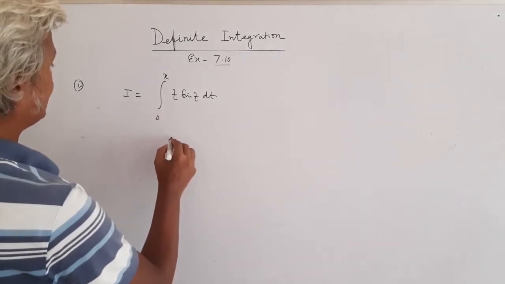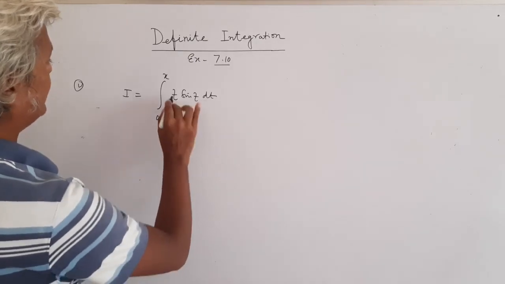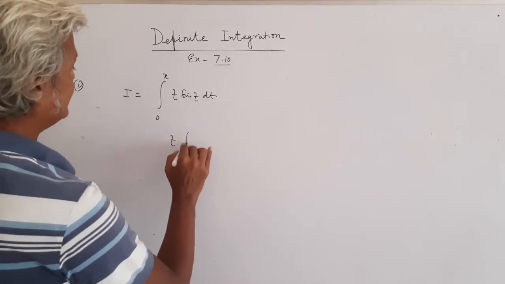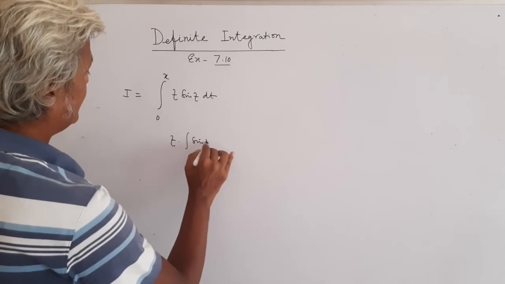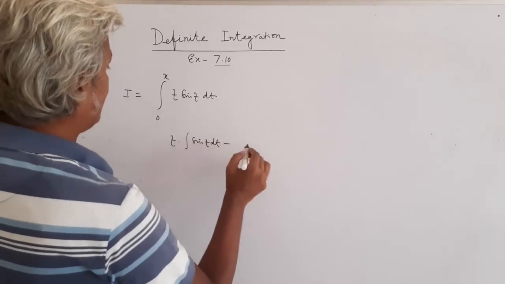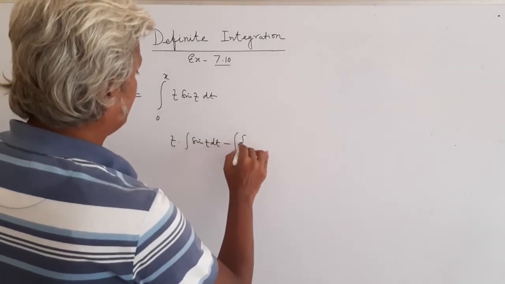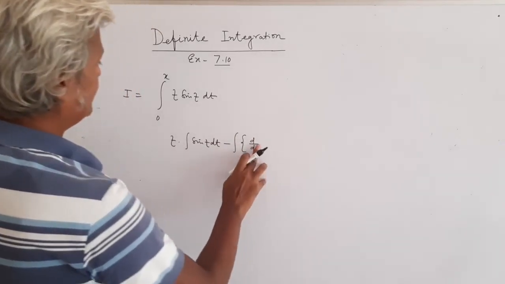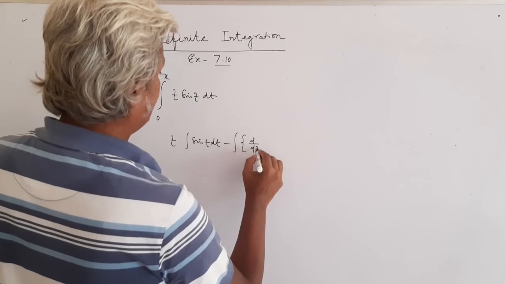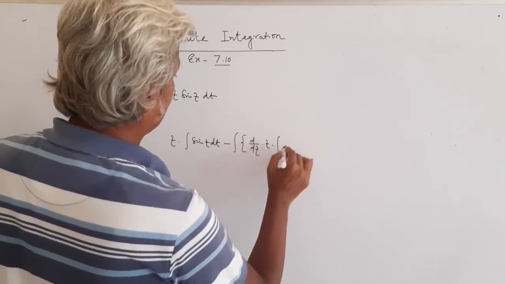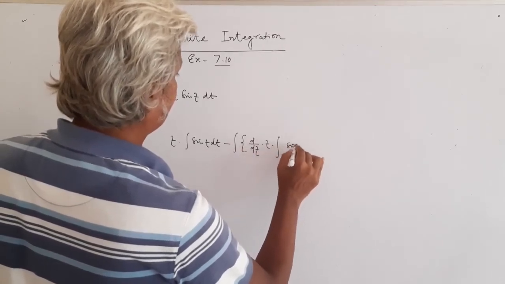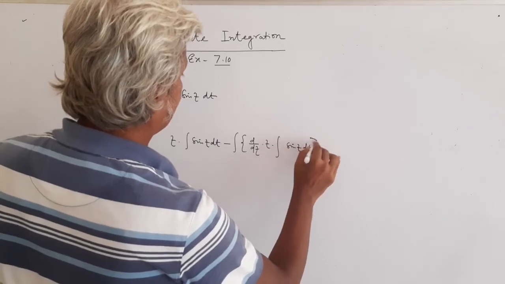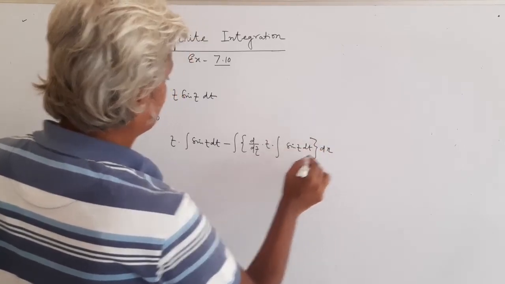So this goes like this: t into the integration of sine t, minus the integration of the differentiation of t into the integration of sine t dt, and overall everything else is also integrated.